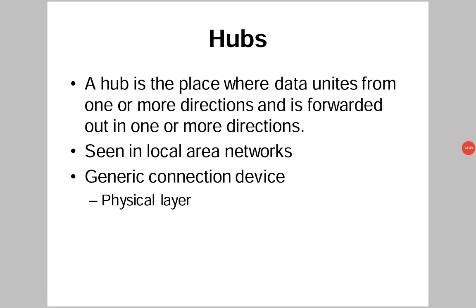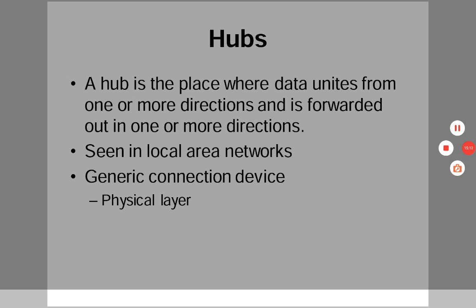Generally, a hub is used to unite data from one or more directions. Hubs are used to expand networks, generally in LANs, meaning local area networks, and they work at the physical layer, that is layer 1.